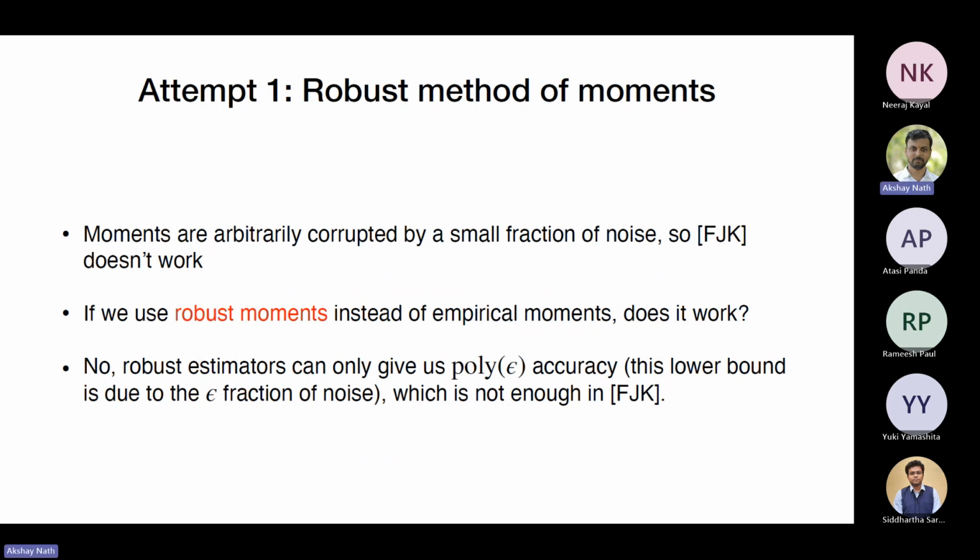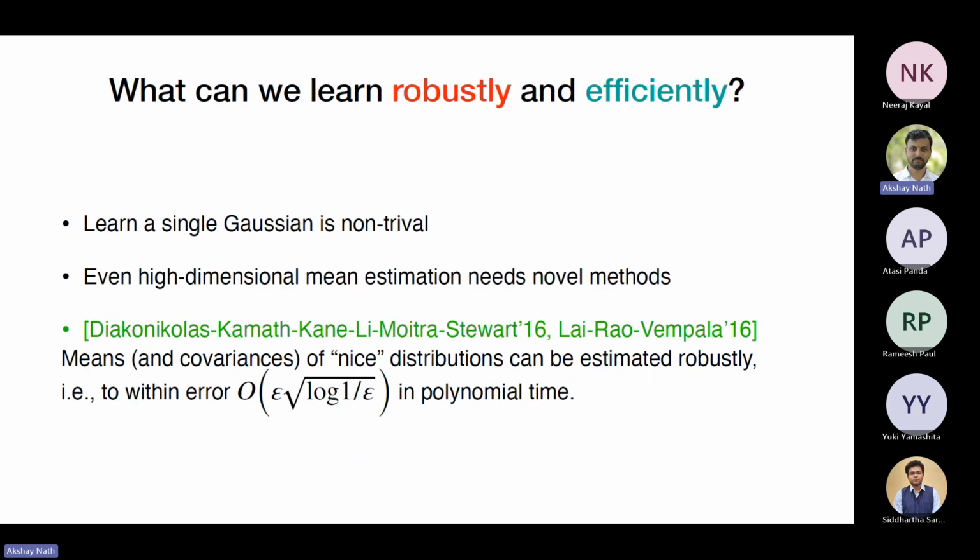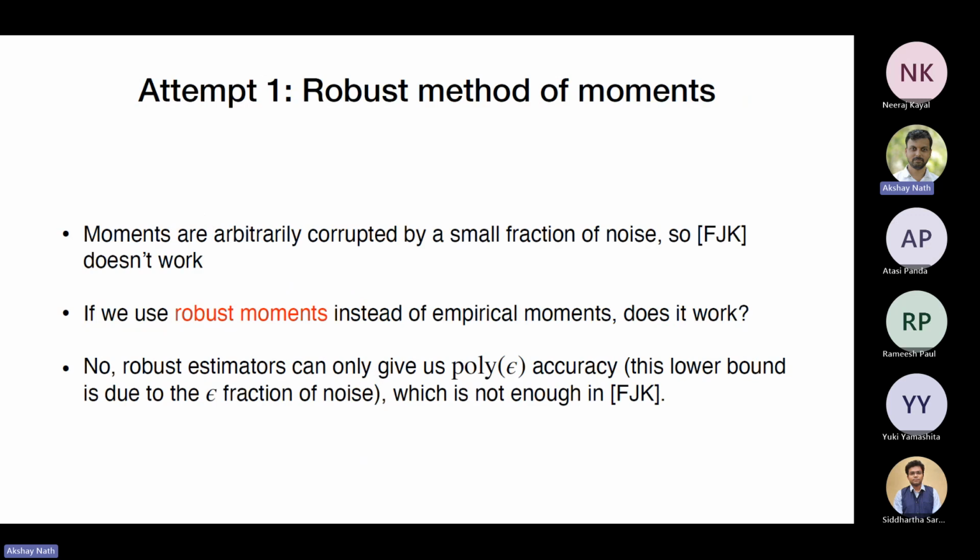We have a good non-robust algorithm. Now we can just replace those empirical moments by robust moments, since there is a good robust moment estimation algorithm. Can we get a good enough algorithm?